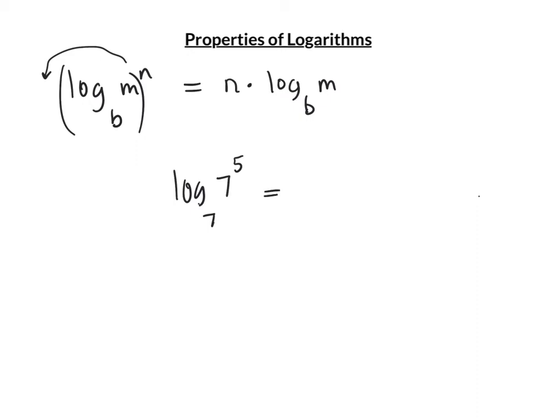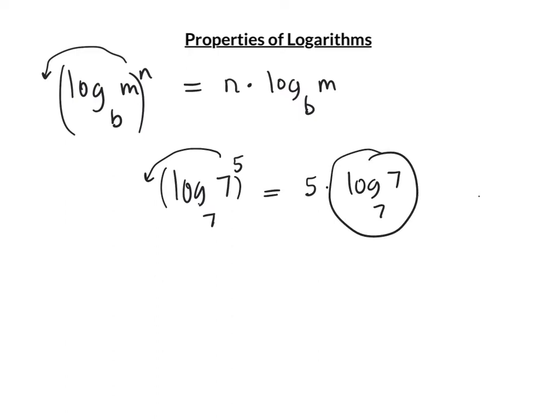When I have an exponent on an exponent, because a log is an exponent, I can multiply my exponents. This is 5 times the log base 7 of 7. This means 7 to some power is 7. Well, 7 to the first power is 7. This is 5 times 1, which is 5.